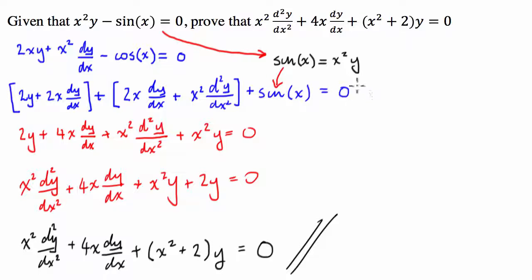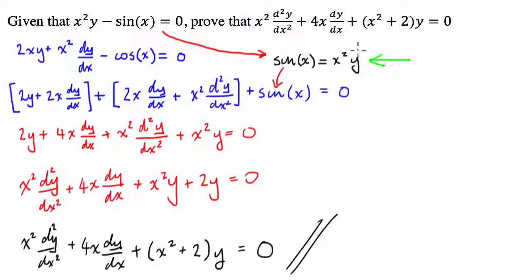Now, I would say that the hardest part of this problem, if you're in an exam situation under pressure, is recognizing this step here where you've got this sine of x hanging on the end of your expression, and you look up to what you're trying to prove and there is no sine of x.